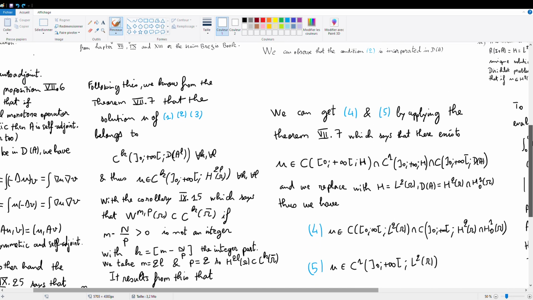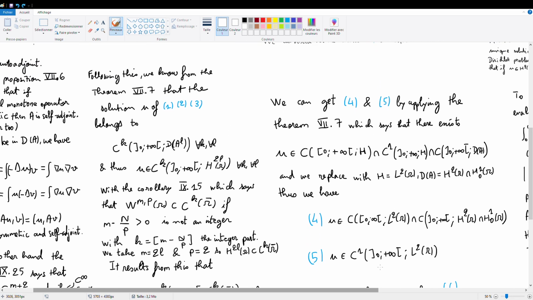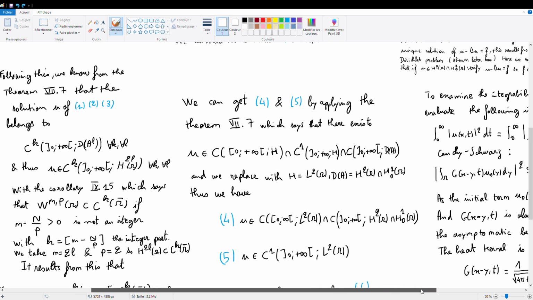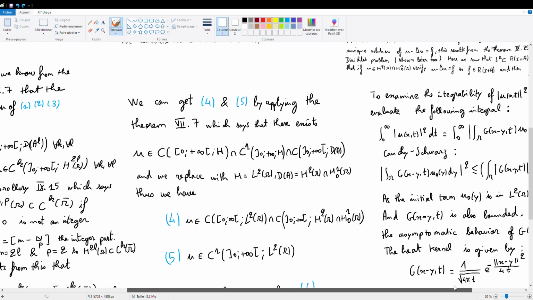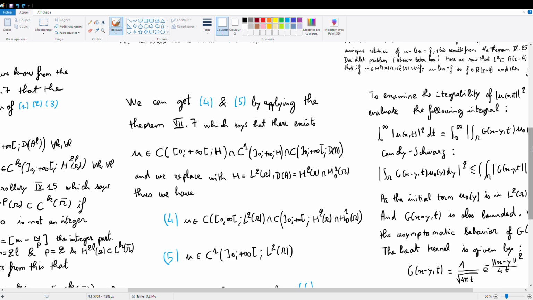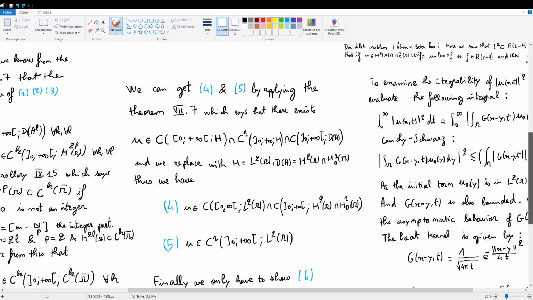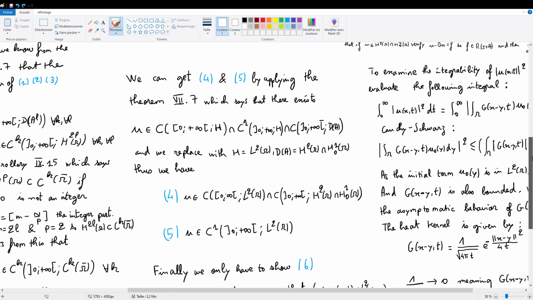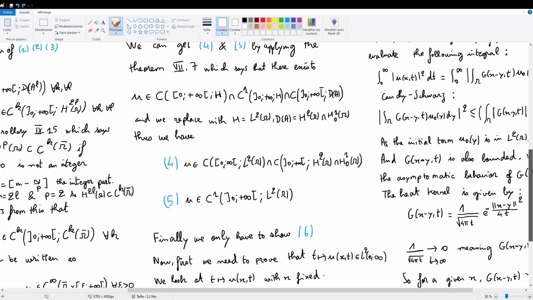We can get 4 and 5 by applying theorem 7.7, which says that there exists U in the following intersection, and replace H with L2 of omega and D(A) with our intersection. Thus we have conditions 4 and 5.